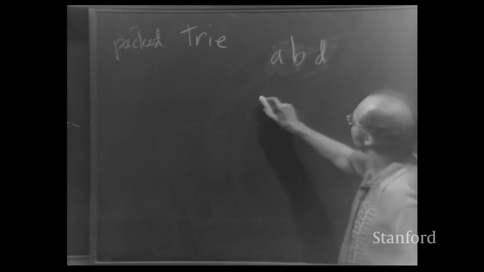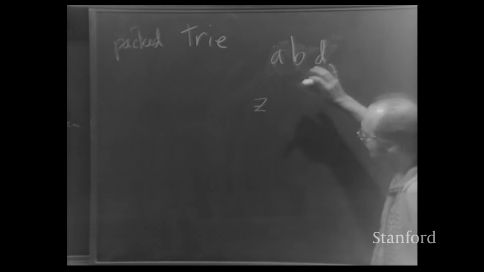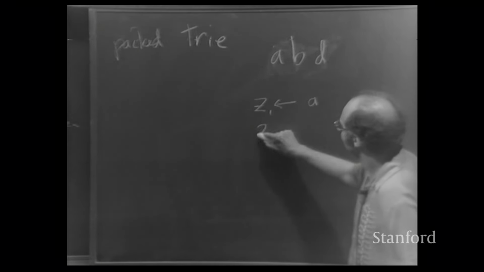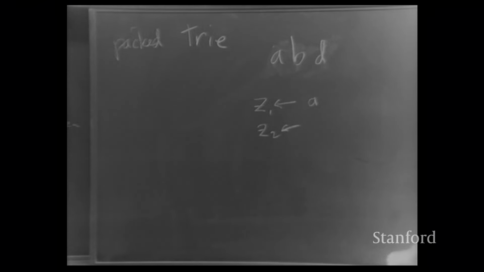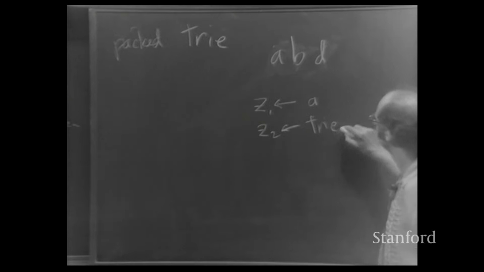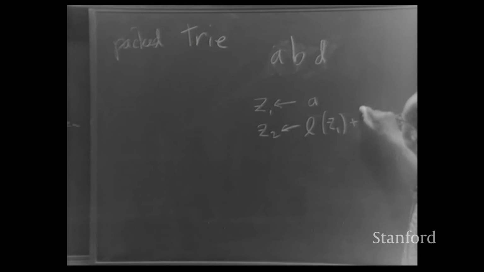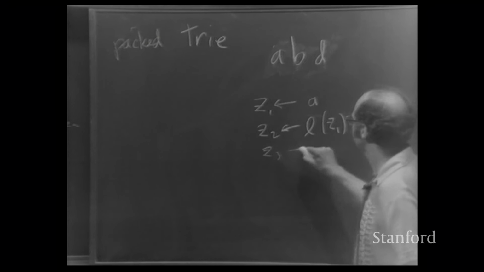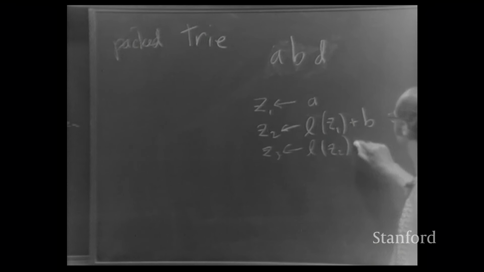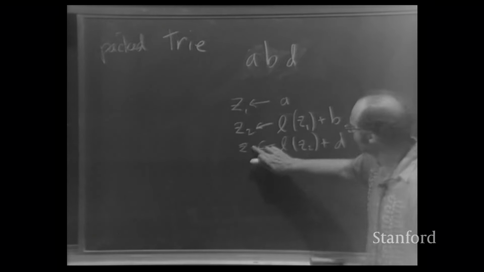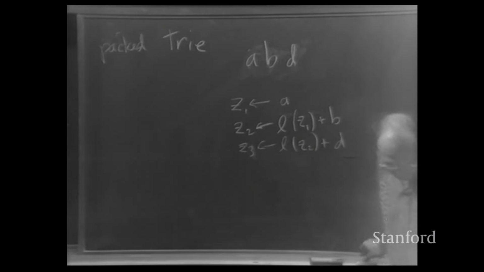So to find this pattern to see if there's anything in the tree for ABD, we could set Z1 to A, and then Z2 would be set to trie link, which I can just call L for brevity, of Z1 plus B, and Z3 is L of Z2 plus C plus D, where these are the internal ASCII codes of the things. Z3 is now going to be the identification of the pattern.